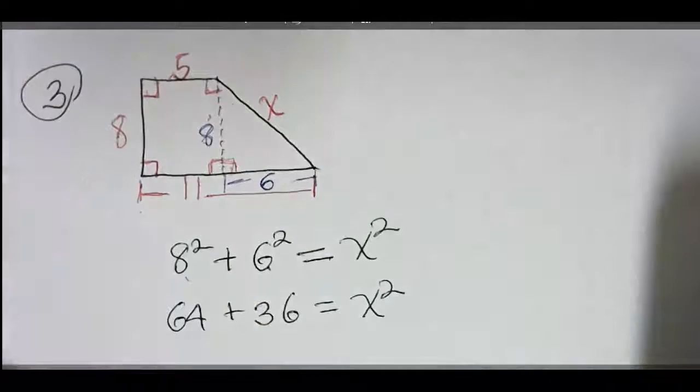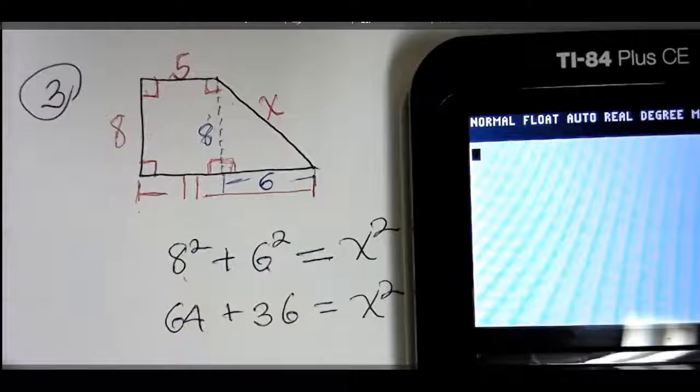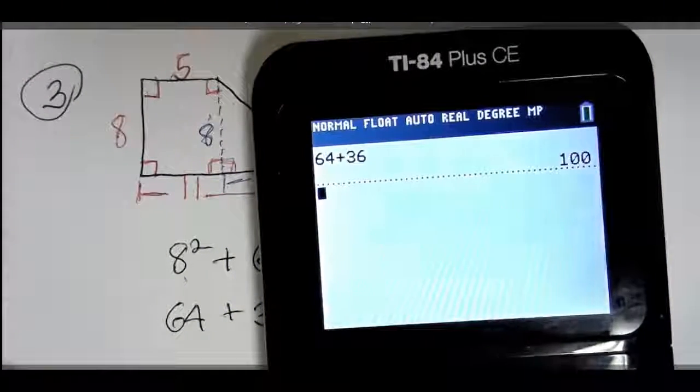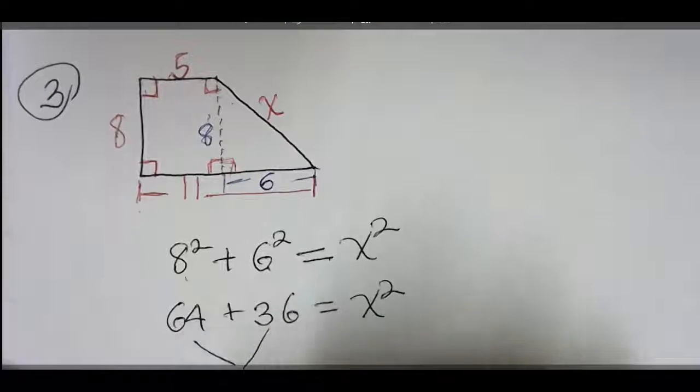And if we add them, let's see, 64 plus 36 is 100. That's sweet. Because 100 is a perfect square. So once we get a perfect square, we don't have to worry about simplifying.